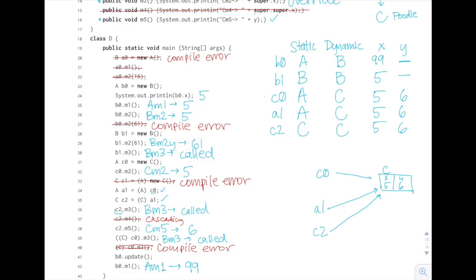And so remember that the compiler only sees the static type, so it only sees this half of this table, right? And so therefore the compiler has to make all of its proofreading decisions based only on the static type. Then during runtime, we have new information. We have the dynamic type as well. And so at that point, we can look inside of the dynamic type class to see whether or not maybe we overrode a method or something like that.